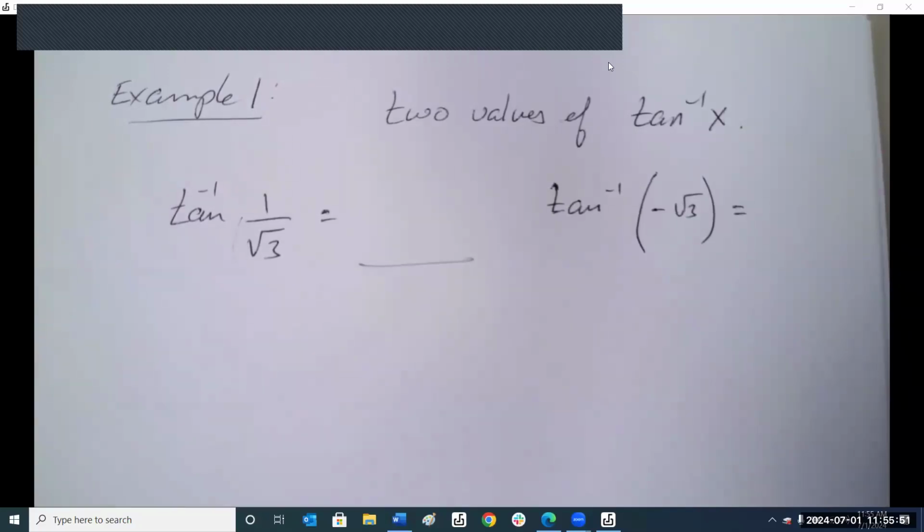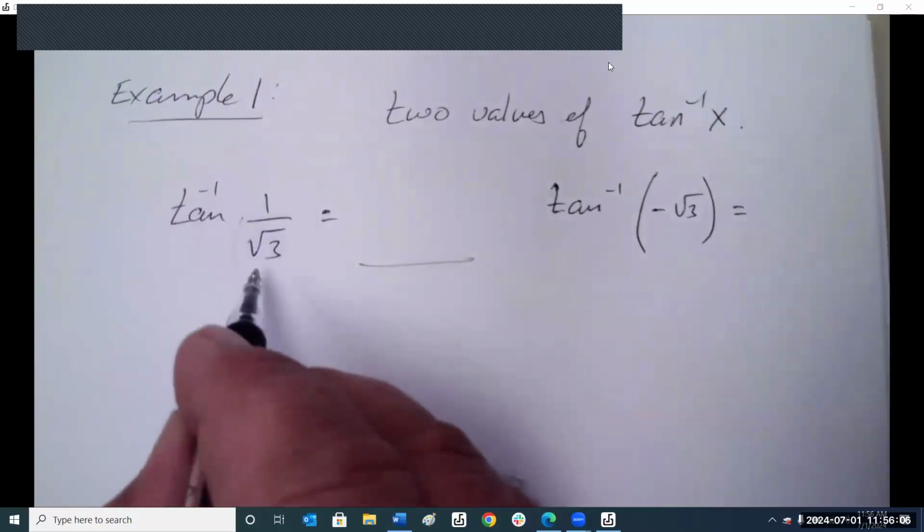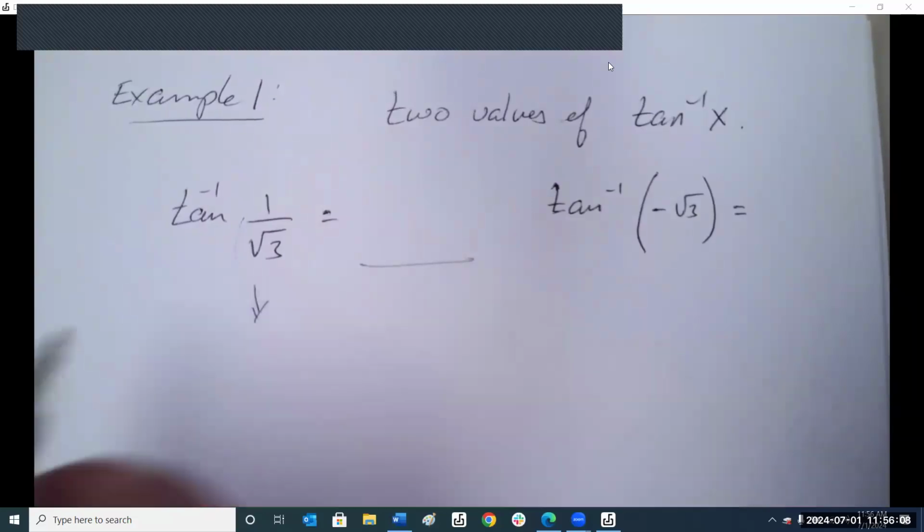Because you won't see that anywhere, actually. On the unit circle, what will you see? What do you have to do? Algebra rules say do what whenever you have a radical on the bottom? Rationalize it.